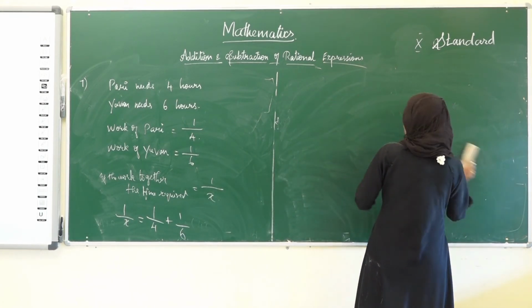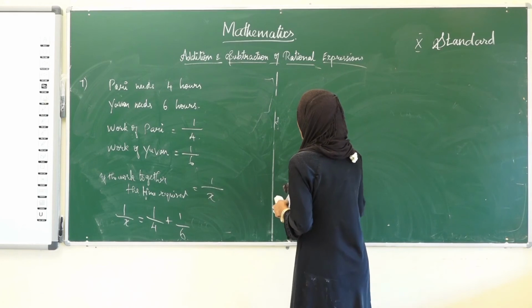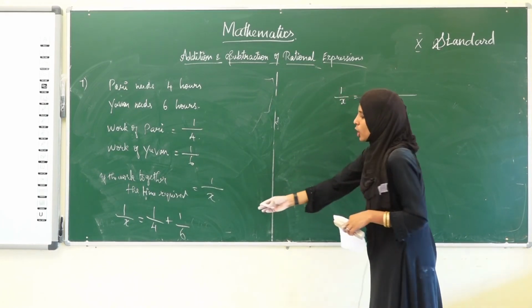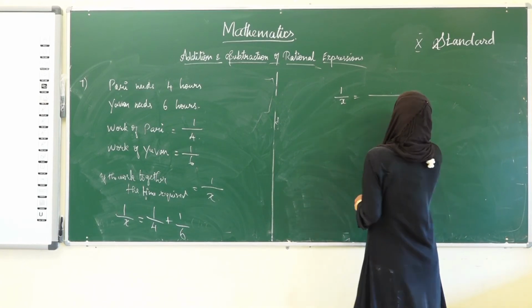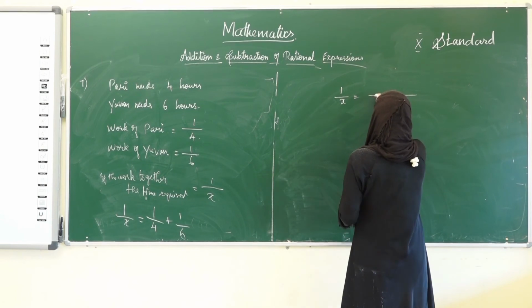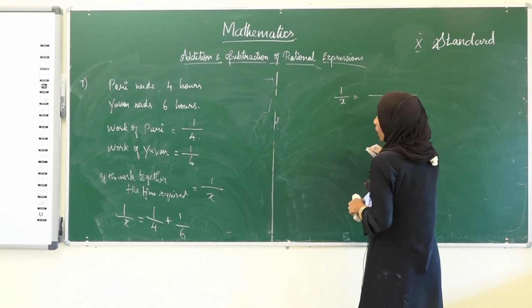Okay. Now, see here, 1 by x is equal to 1 by 4 plus 1 by 6. Now see, the denominators are not the same. Therefore, you are going to find the LCM. The LCM will be 24.